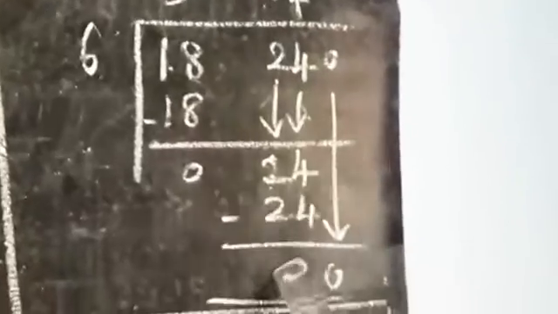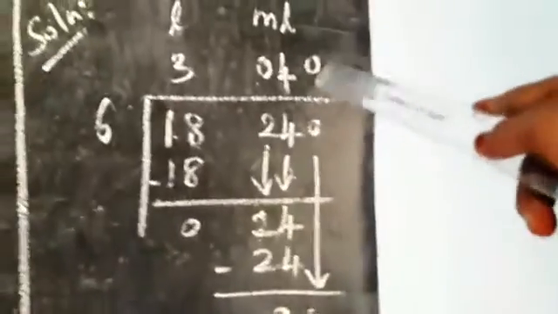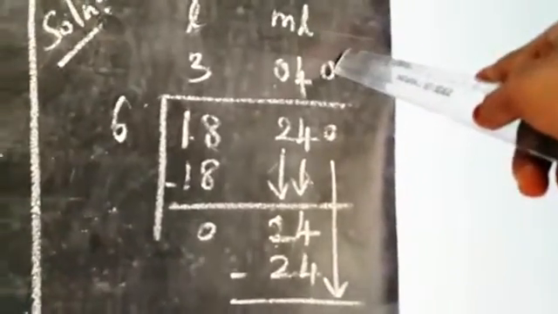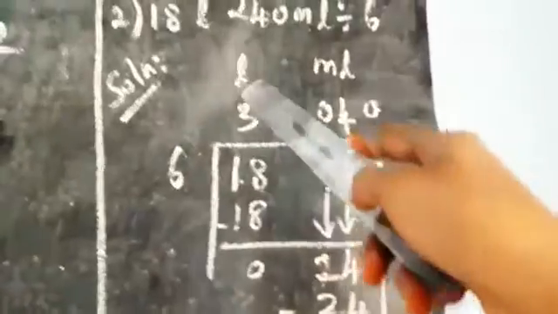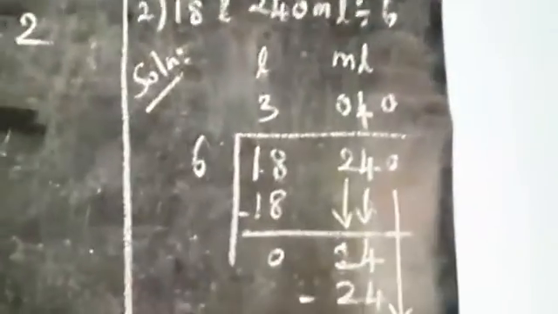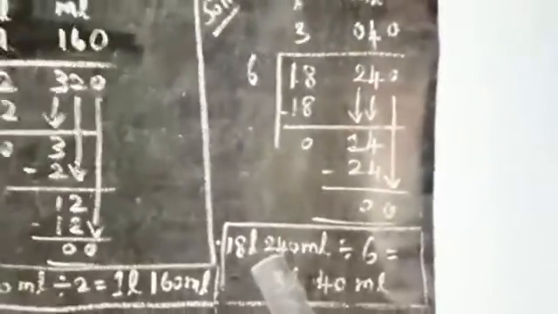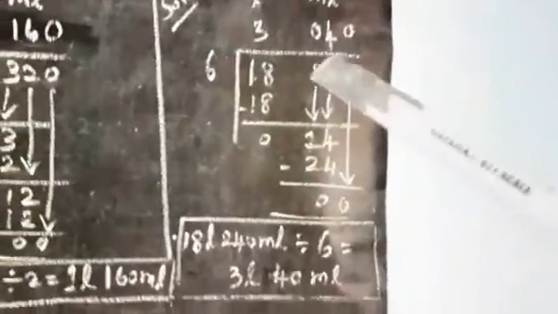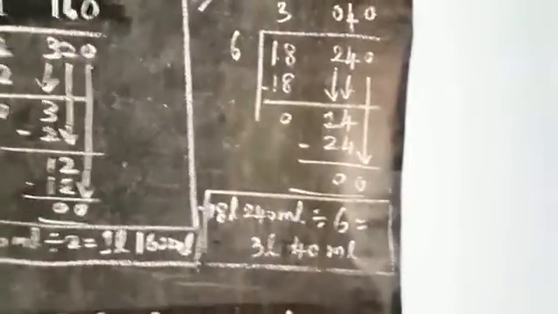Yes, 4 6s are 24. Now we can subtract, 24 minus 24, 0. Now bring down the 0. Here also comes to 0, so you write a 0 in quotient also. Therefore answer, 3 liter 040 milliliter. Therefore 18 liter 240 milliliter divided by 6 is equal to 3 liter 40 milliliter.